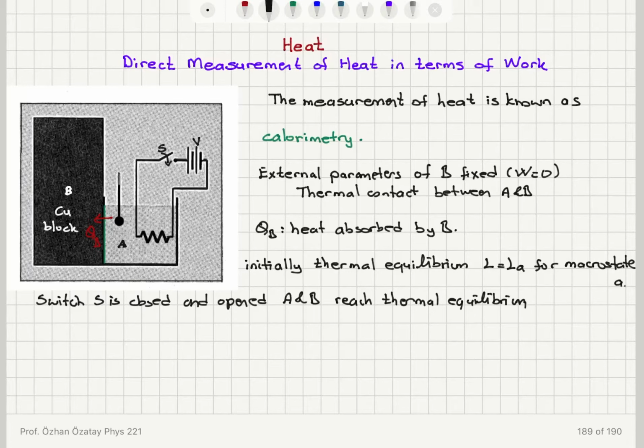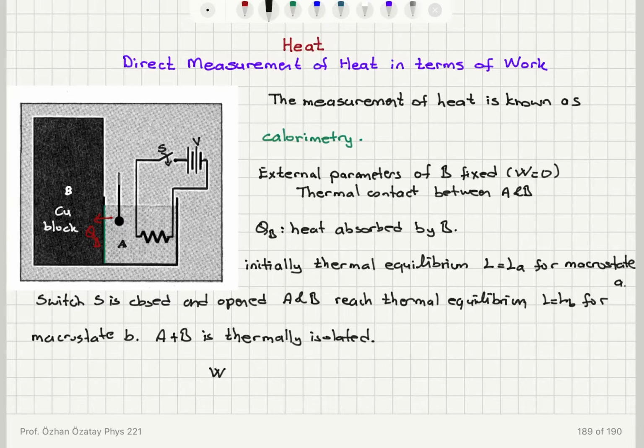The new reading, L equal to L sub B, is for the new thermal equilibrium state, macrostate B. And the system A plus B is thermally isolated, so there is no heat transfer from the surroundings.